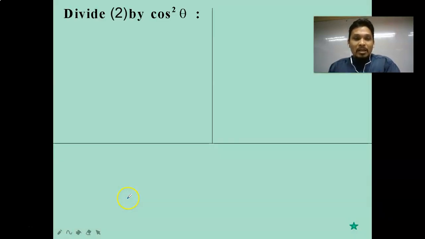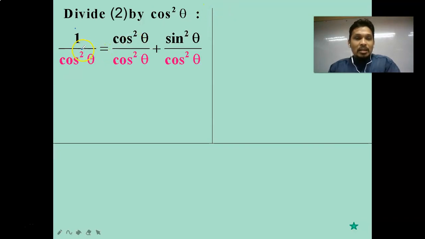Then from sin squared plus cos squared equals 1, divide by cos squared, left and right. 1 divided by cos squared, and sin squared divided by cos squared. Okay, this automatically gives us 1.